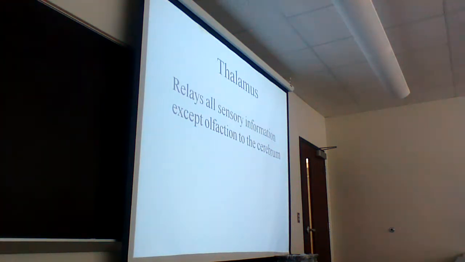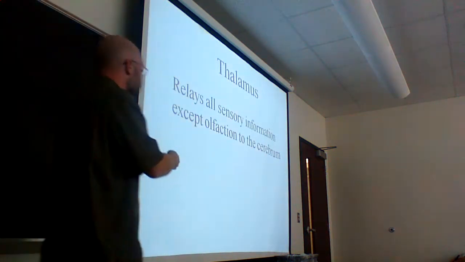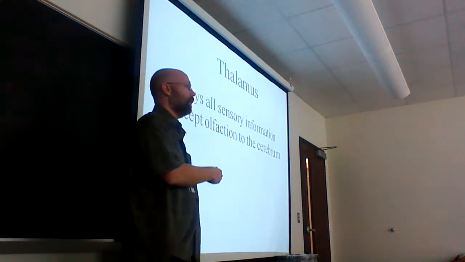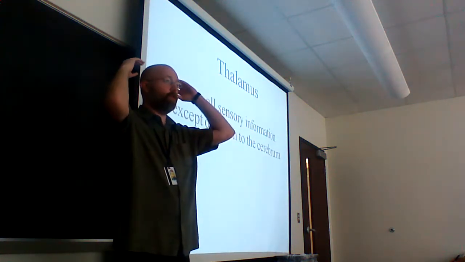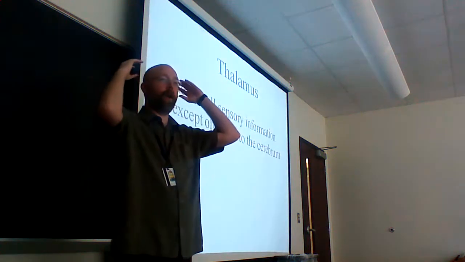But olfaction is interesting because the nerves that detect olfaction, and that's cranial nerve 1, feed directly into the cerebrum. Cranial nerve 1 is really the only one that's coming directly off the cerebrum, and its pathways are distributed. It sends information about smell to all different parts of your brain simultaneously.